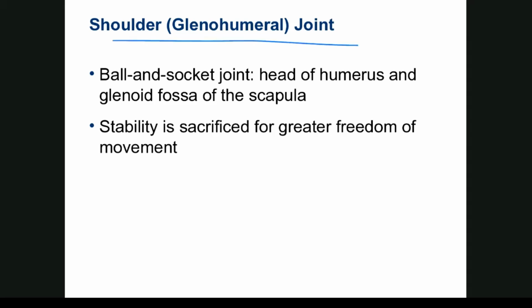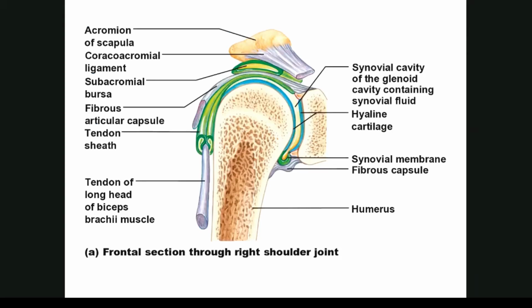Okay, ball and socket joint, the head of the humerus and the glenoid fossa of the scapula. And there's less stability than there is in other joints because you get more freedom of movement. So here is our glenoid cavity, and here is the head of the humerus.